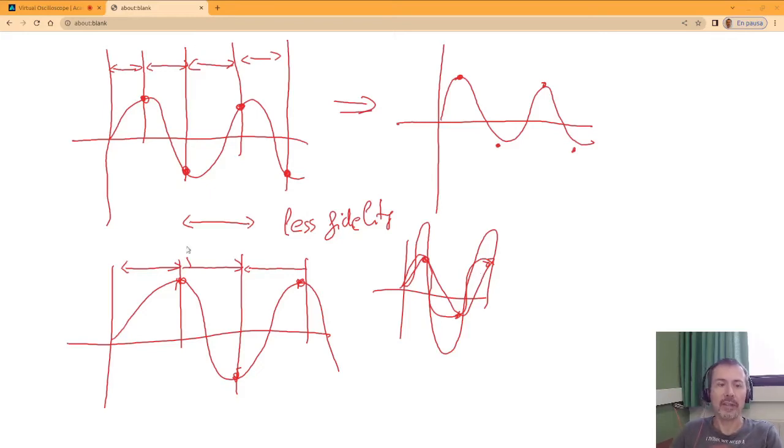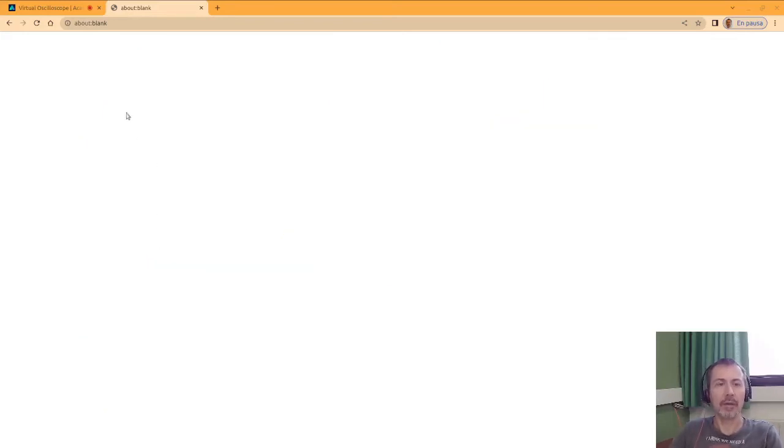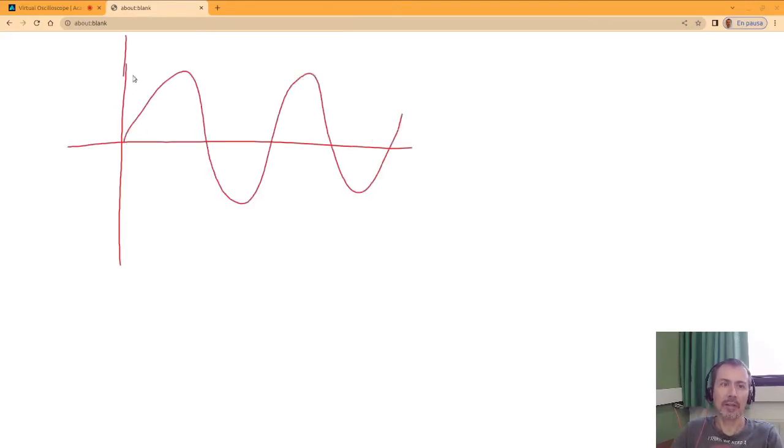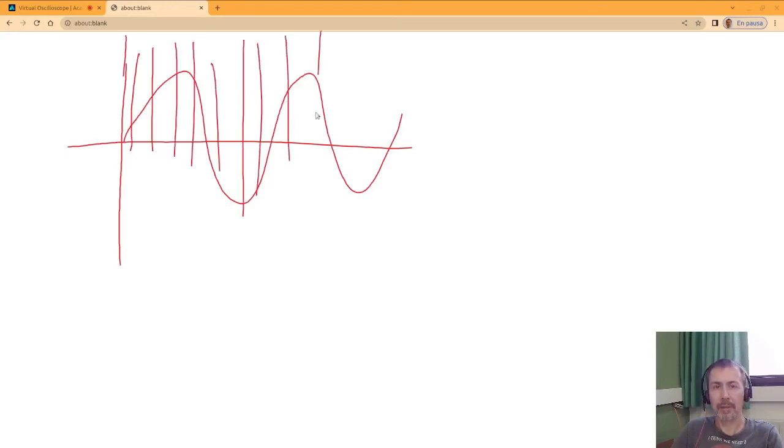But if we increase the frequency, if we have a smaller sampling interval, for example this one, we will have a lot of points. It will be easier for us to reproduce the signal.